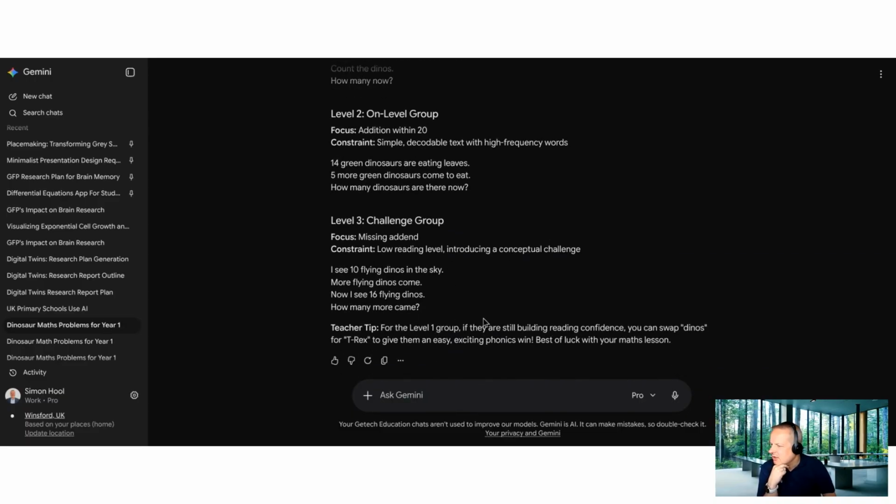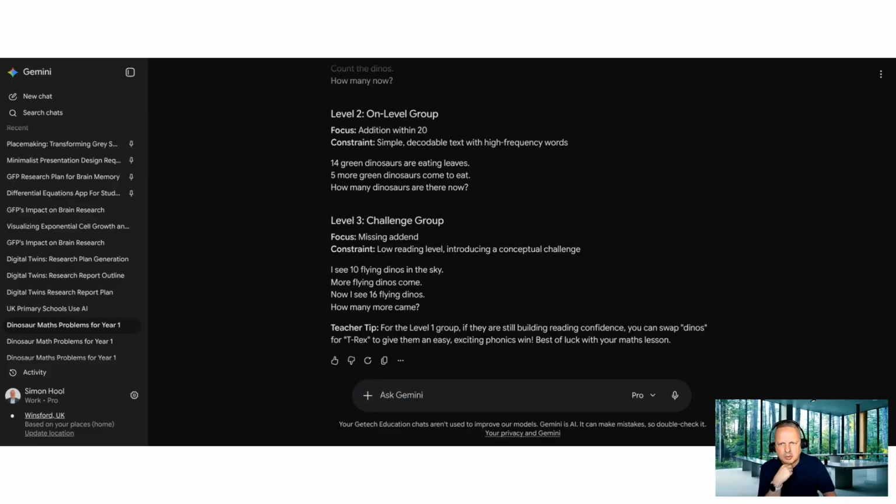So we've got a really nice differentiated three-level problem here. And of course, what we would do at this point is check through to see if there are any difficult words that they might struggle with. I think this all looks fine at the minute. They haven't used paleontologist or something along those lines.